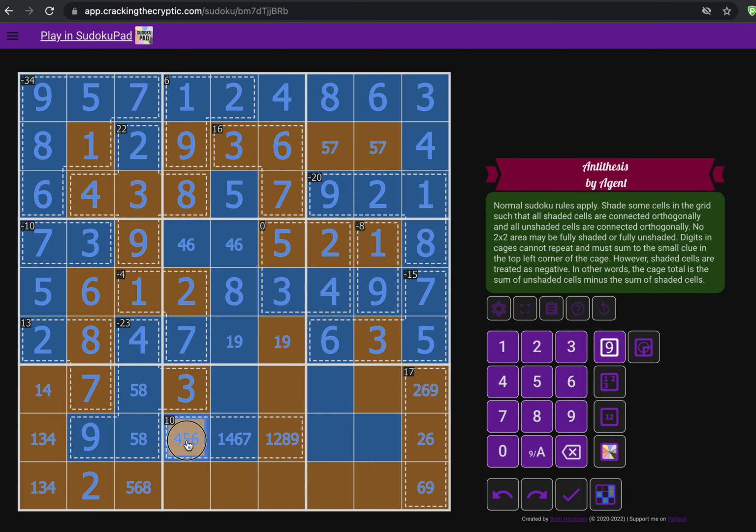So how am I going to get 10 out of these three? Well, can I get a 1 or a 2? I can't even get to 10 if I use a 1 or a 2. Even if I'm using 6, that only lifts me to 8 and then I fall back down. So 1 and 2 are just out. 6 and 7 are probably going to be out as well.